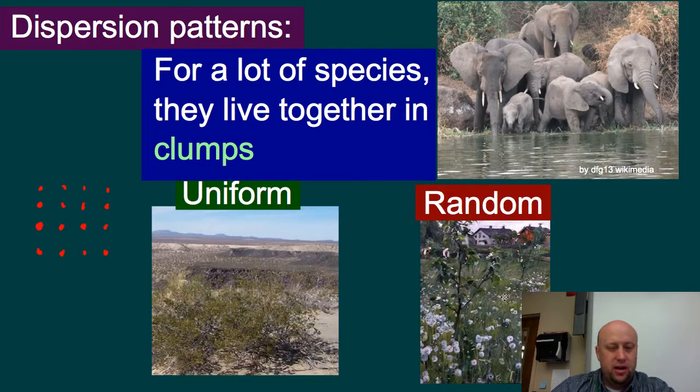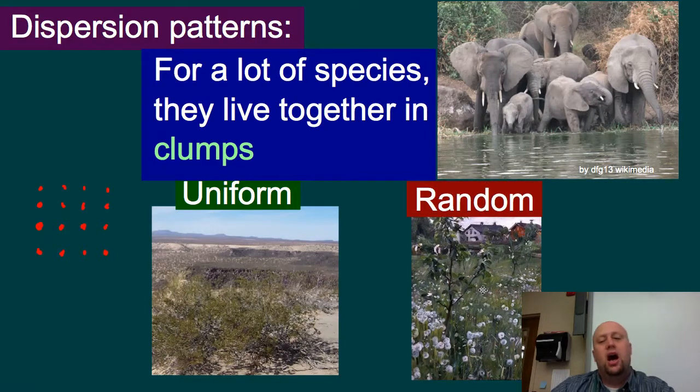A very random distribution, just depending on where their seeds go. You can see the reason behind that is because dandelions disperse their seeds as they get blown, and they're obviously going to get blown in random directions, and they're going to grow where they land for the most part, and so that's going to be a random dispersion pattern.